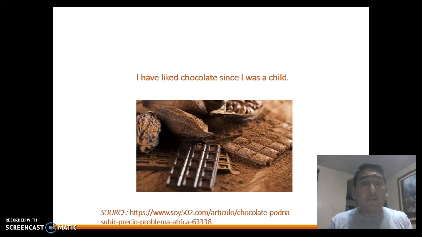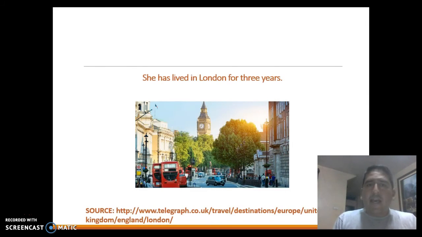I fell in love with chocolate. I really like chocolate, and I eat a lot of chocolate. I still like chocolate. So the action started and continues to the present. Next one: she has lived in London for 3 years. She moved there 3 years ago. She's still there. She's lived there for 3 years, and probably she will live there for a while.